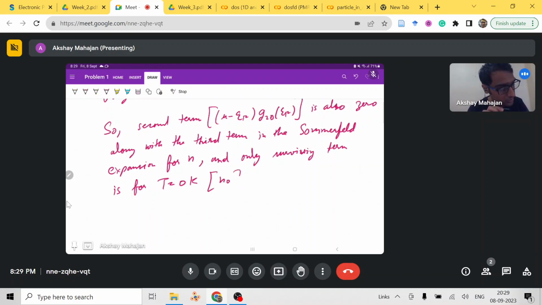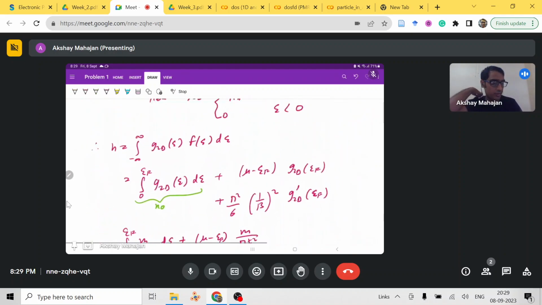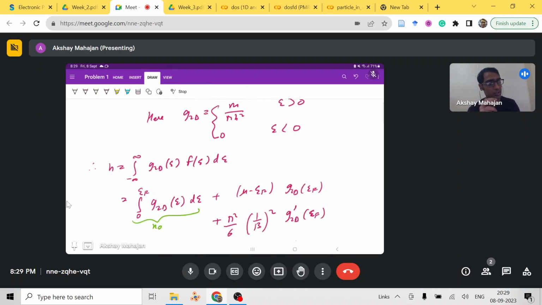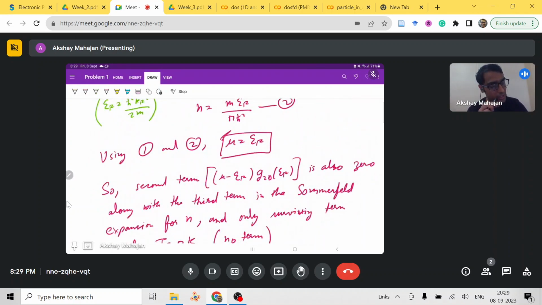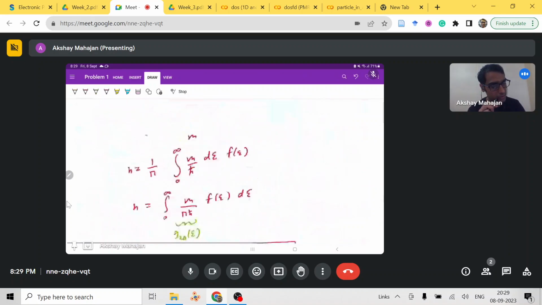This is our n naught. Only this n naught term will survive, and we have also deduced that mu will be equal to epsilon f.